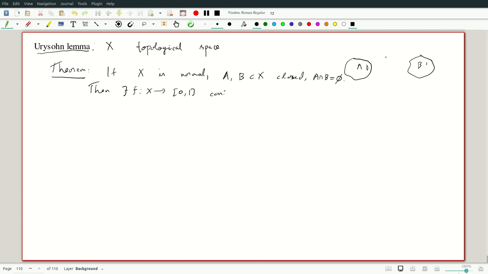This is a continuous map. Without continuity it would not mean much. Such that f restricted to A is identically 0 and f restricted to B is identically 1.